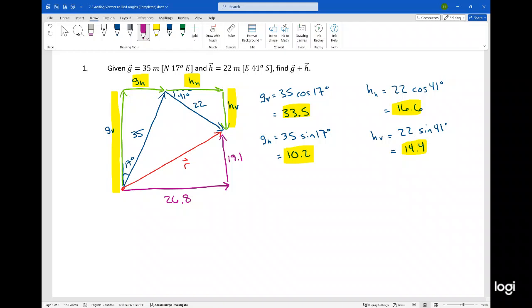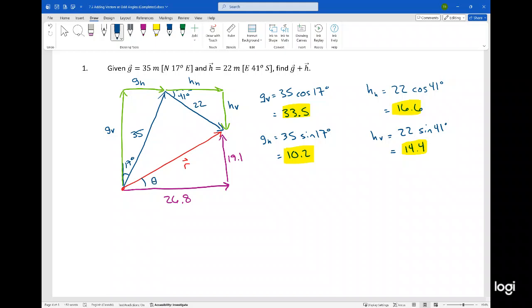Now that I have that, just give me a second, I'm going to get rid of some of this excess highlighting. We really are looking for this one, given these two pieces, and we're back down to just adding right-angled vectors so we can figure out what the magnitude and the angle here is.